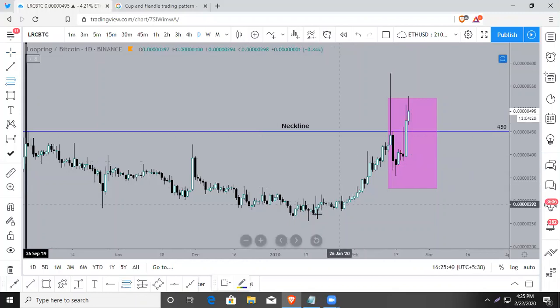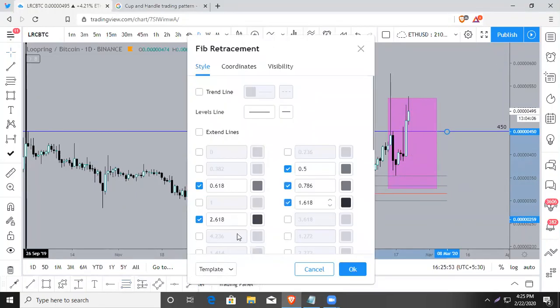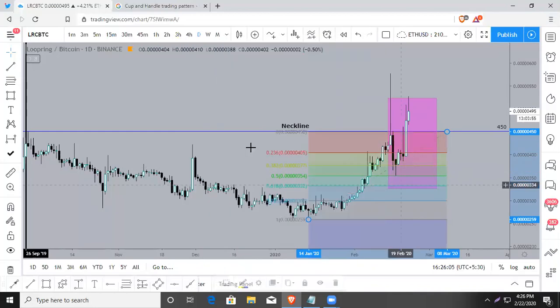I'm using a Fibonacci tool, taking it to the neckline, right? Let me just use a different way. This is my customized Fibonacci tool. Okay, I'm using the default Fibonacci tool now.